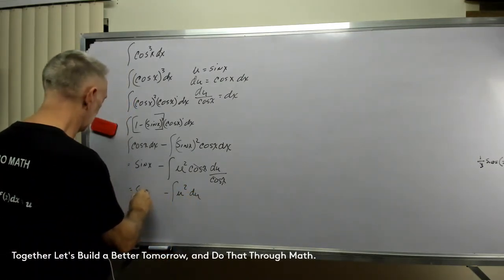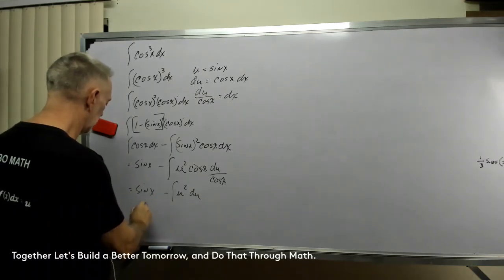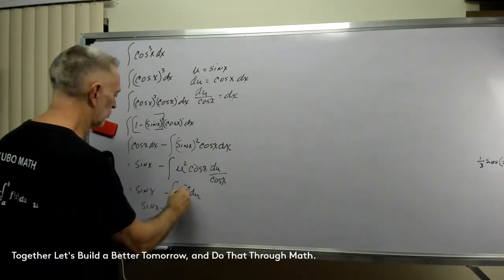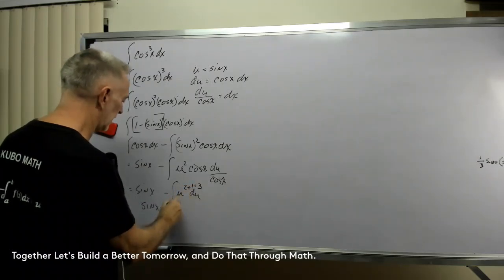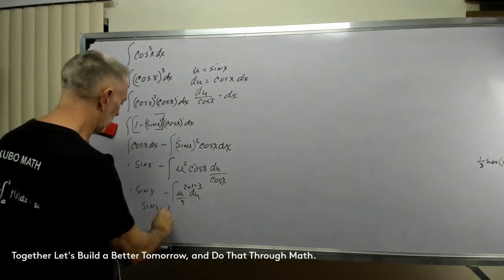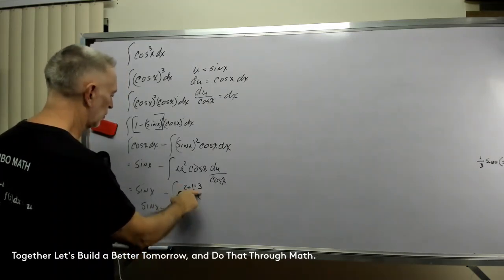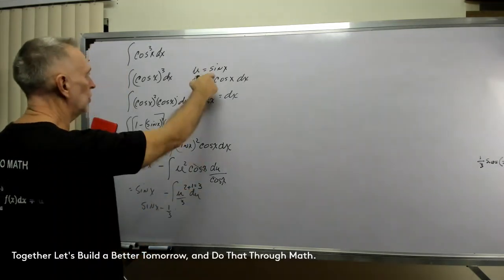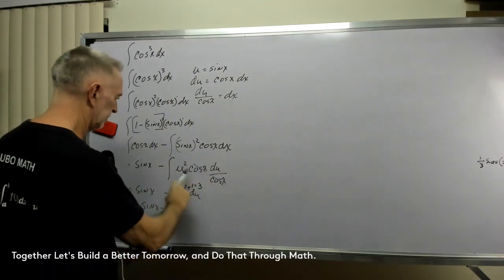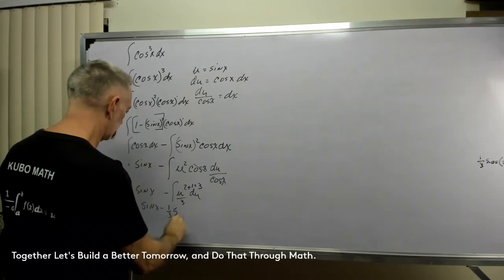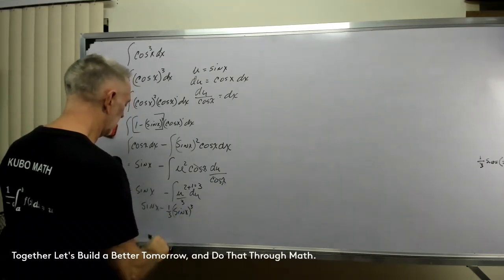It's sine x minus, this would be u squared plus 1 equals 3, divided by 3. So I have 1/3 u cubed, but u is sine x. So I have sine x cubed.